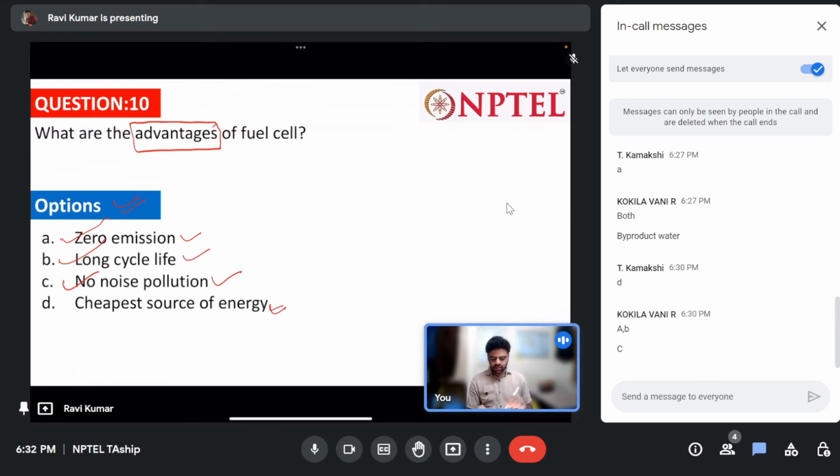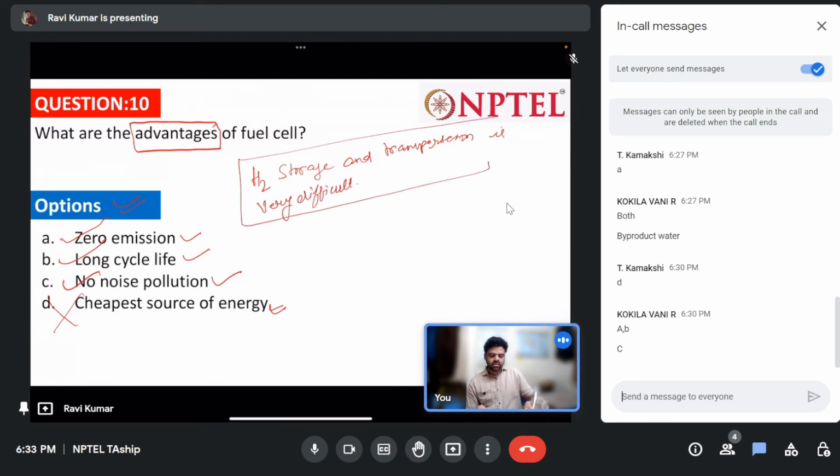Cheapest source of energy, no, this source is not the cheapest. It seems to be cheapest, but hydrogen storage and transportation is very difficult. That's why this is not the cheapest source of energy.